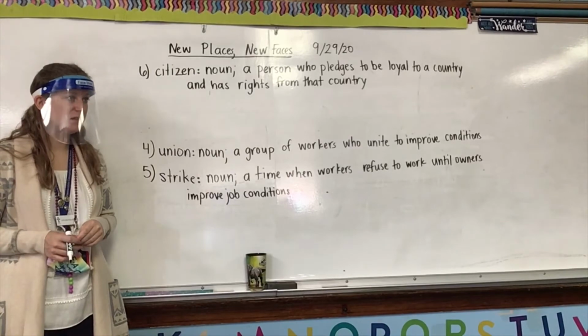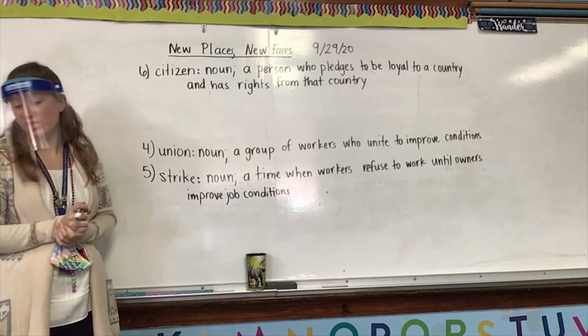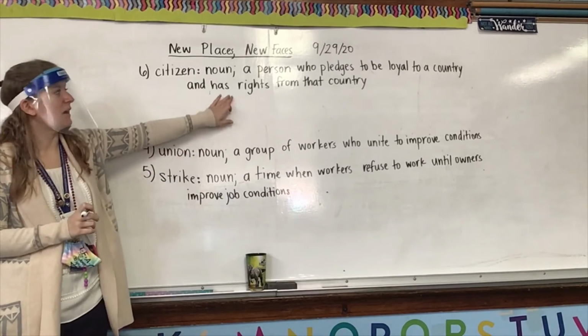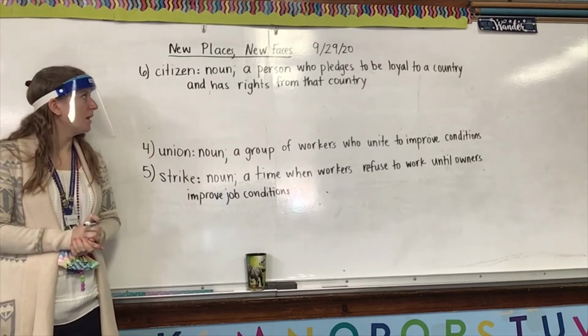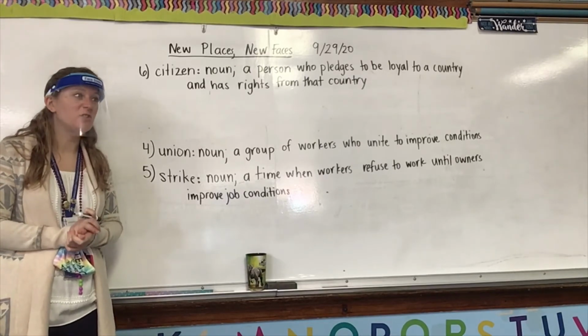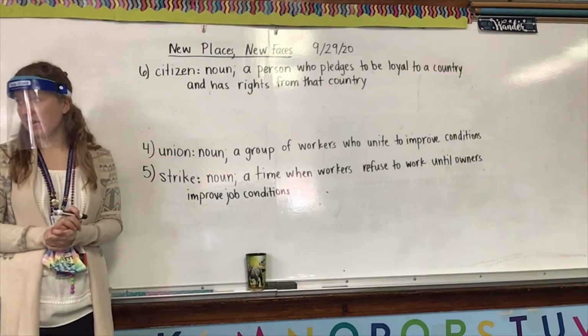But don't you have to be a certain age to vote? Yes. But still, if you're a citizen of a country, once you are that age, you have that right. So if you are a citizen of America, even if you're under 18, you still have the right to vote when you turn 18. Yes, Kingston, quickly.